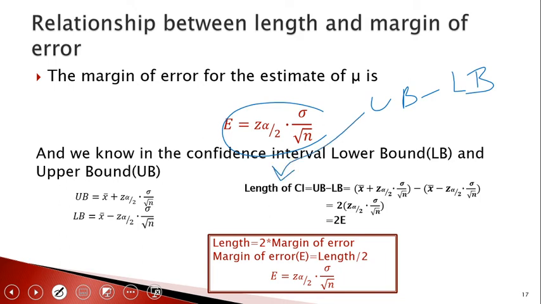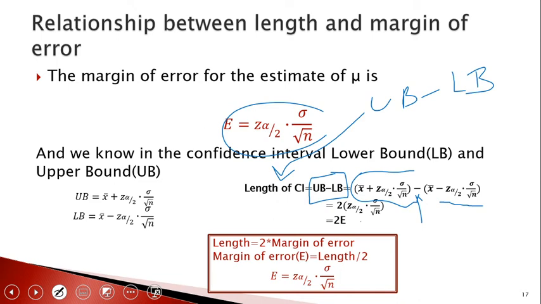The length of the CI is upper bound minus lower bound. So you know what the upper bound is? x bar plus C alpha over 2 times sigma over square root of n. The lower bound is x bar minus C alpha over 2 times sigma over square root of n.